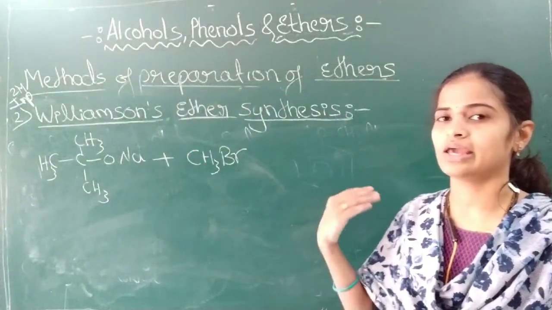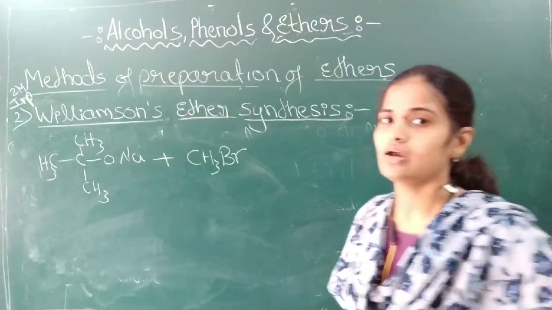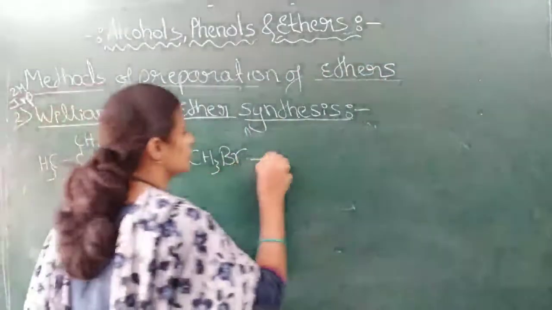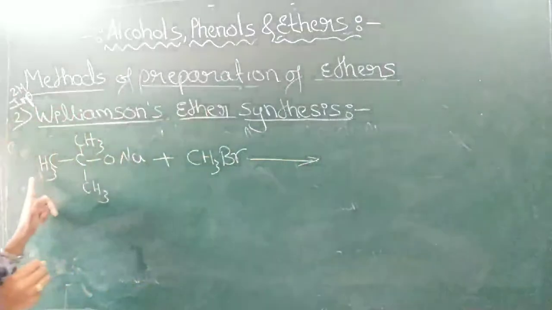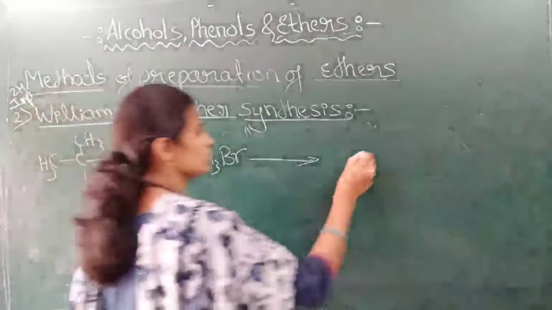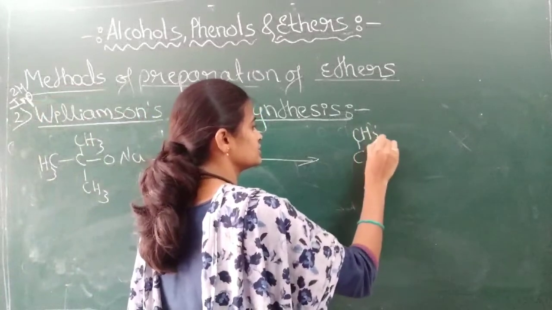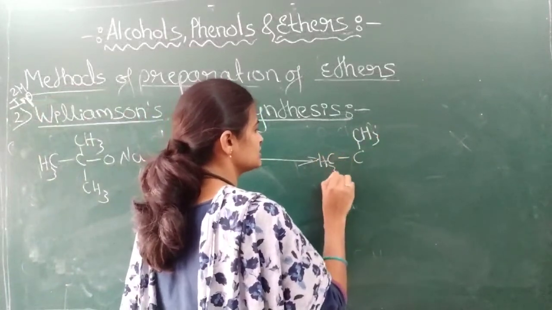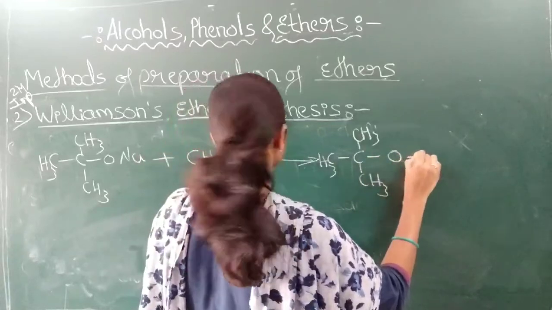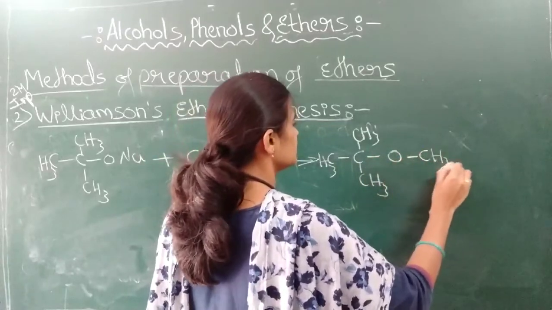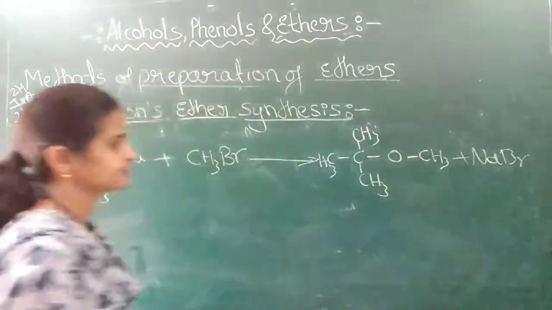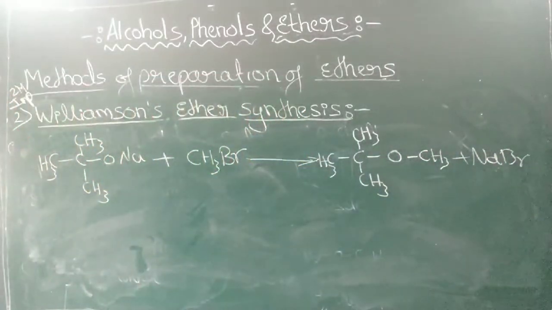Then only the reaction will give a good yield, and it follows the SN2 mechanism. So then what is formed? NaBr will get eliminated to form CH3, CH3, CH3, O, CH3 plus NaBr. Write down the reaction.